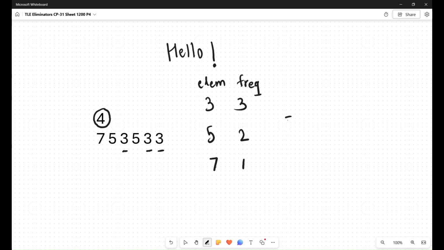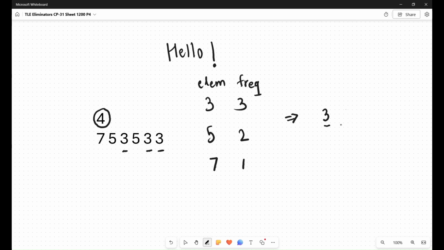So from here I can observe that my array will be something like 3, and 3 should come 3 times, right?